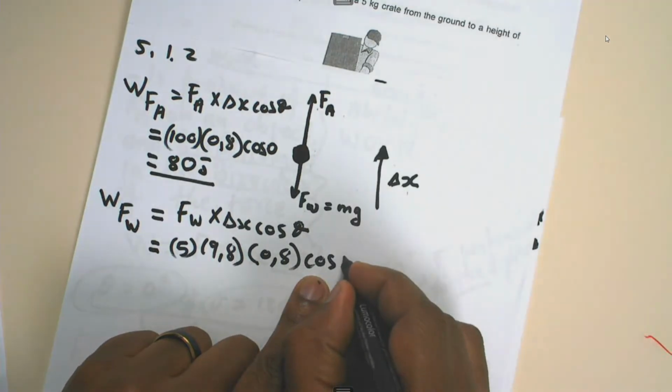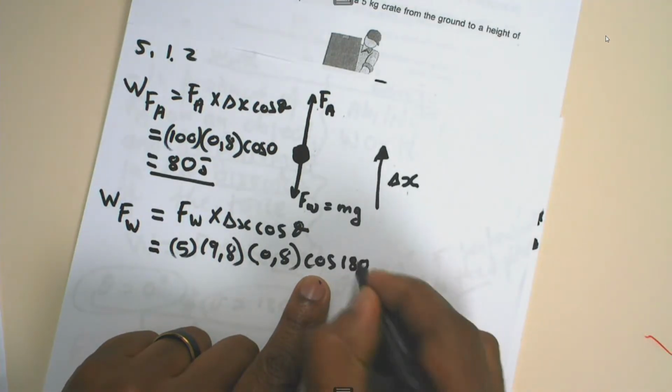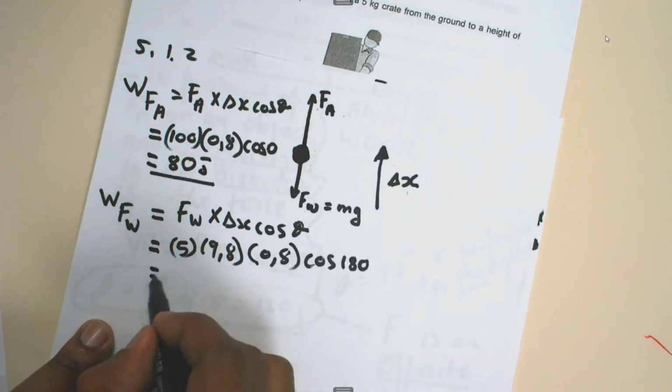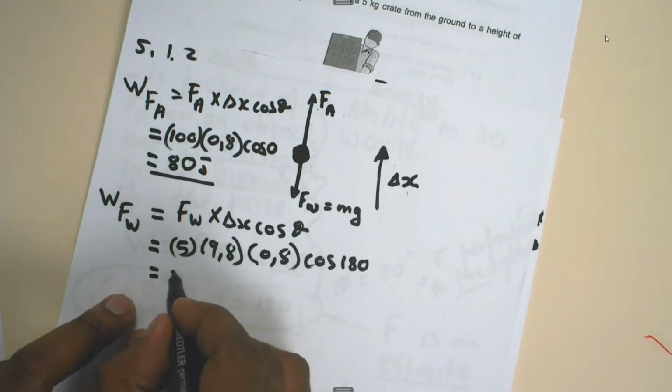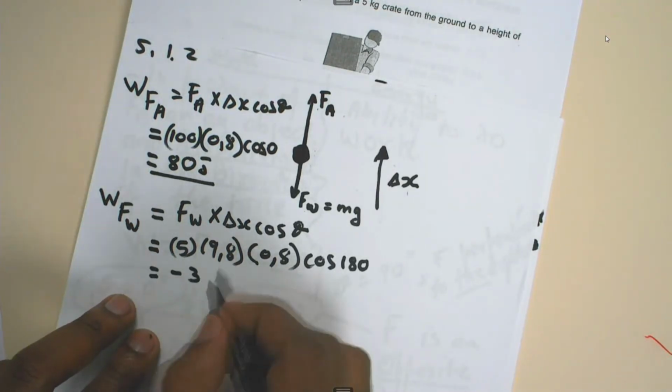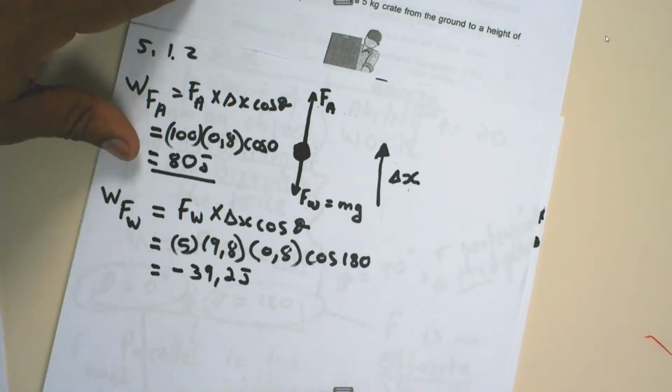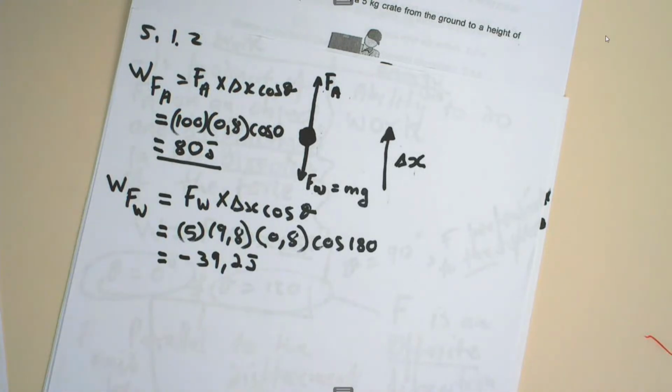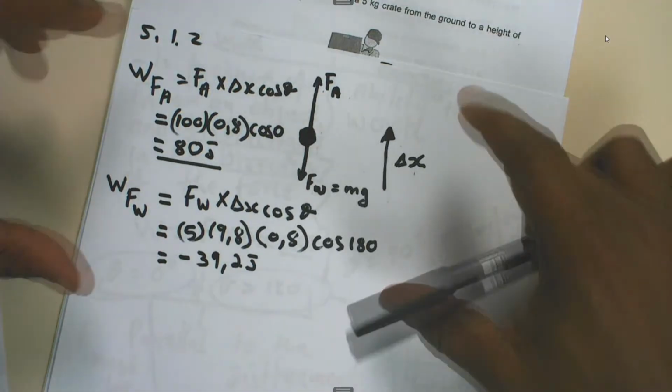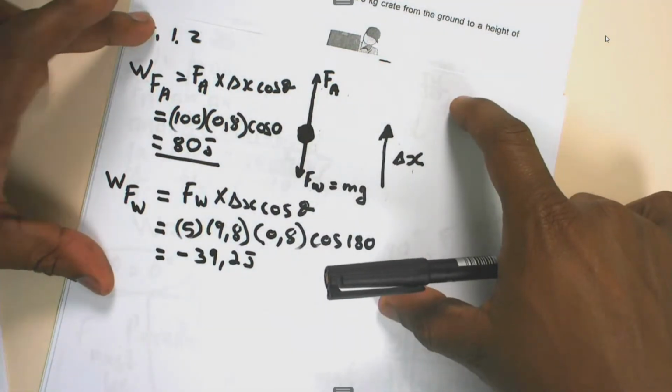So I must use cos of 180. Then everything thereof will be negative 39.2 joules.